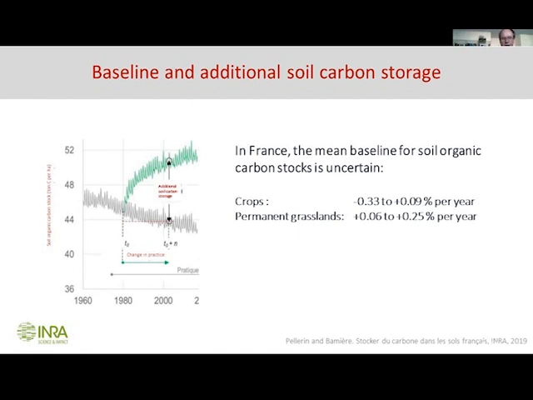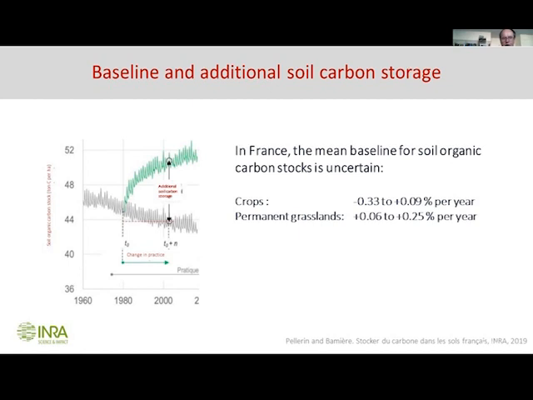And therefore, on this slide on the left, you have a graph which shows what may be a baseline, and assessing this baseline of the soil carbon stock in total carbon per hectare, this is organic carbon, is needed to understand the additional soil carbon storage that may happen after a change in practice.